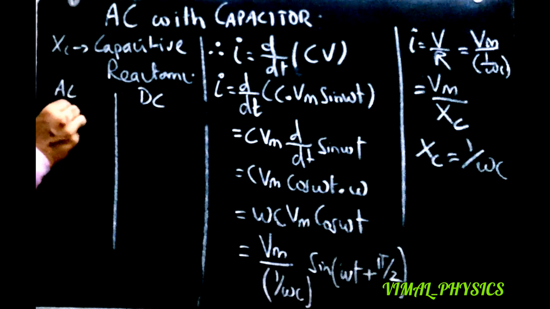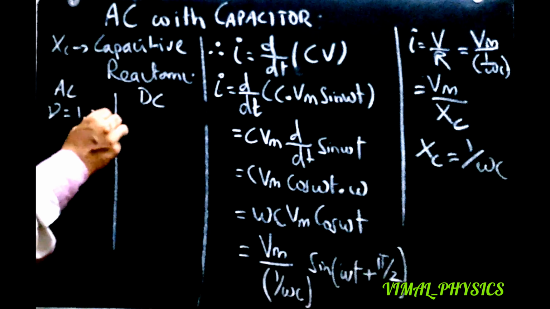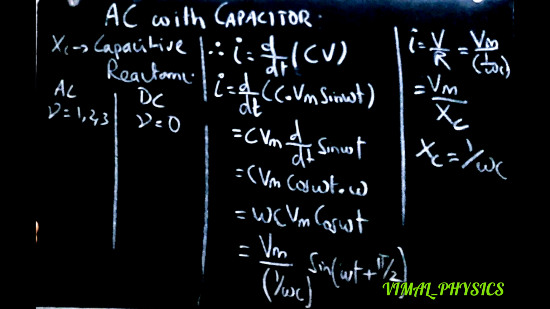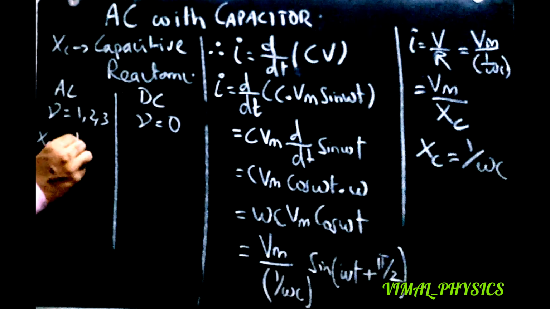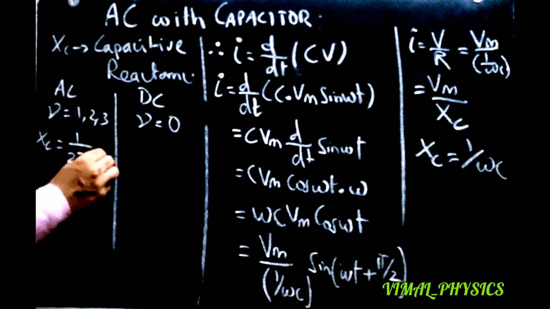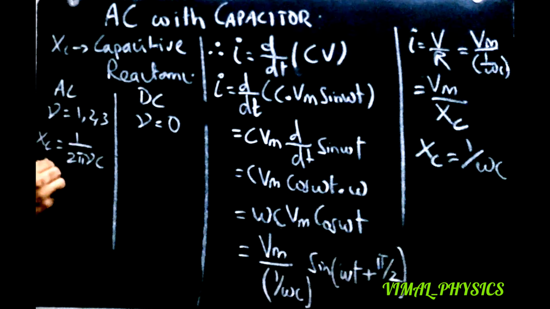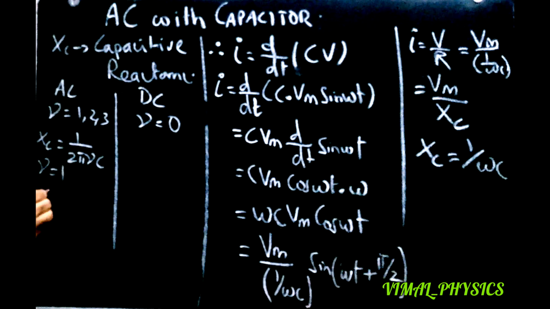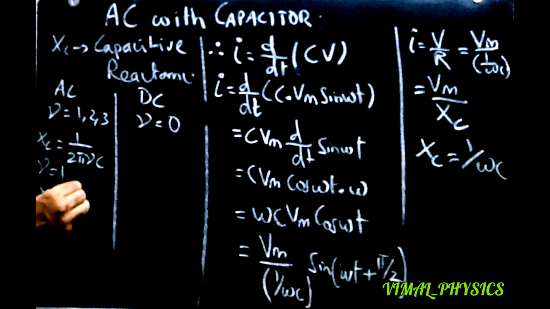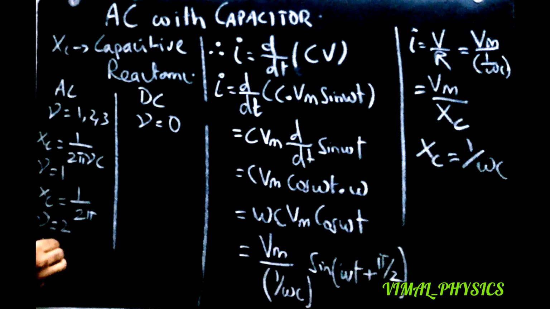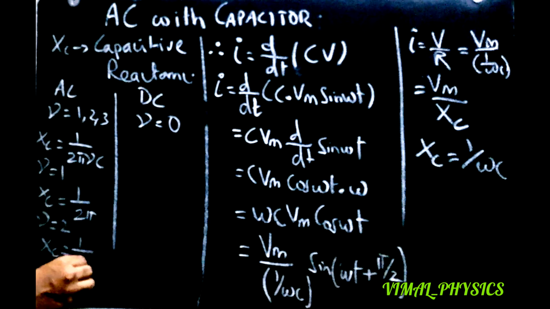Here for AC the frequency will be 1, 2, 3. For DC the frequency will be 0. As we can see here, Xc is equal to 1 by omega C, that is 1 by 2 pi nu C. When I take nu equal to 1, it is 1 by 2 pi. When I take nu equal to 2, it is 1 by 4 pi.